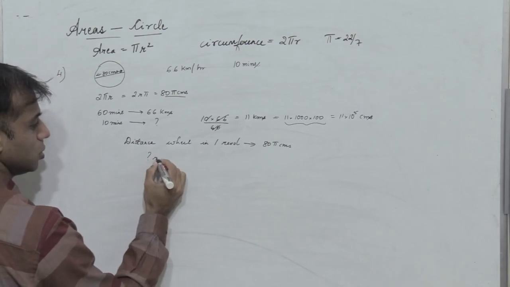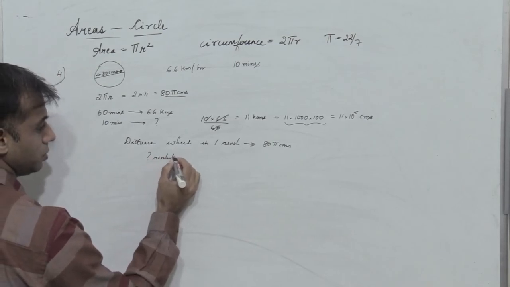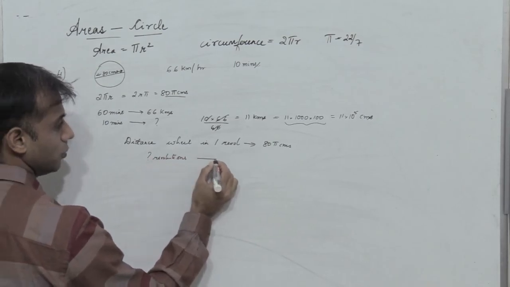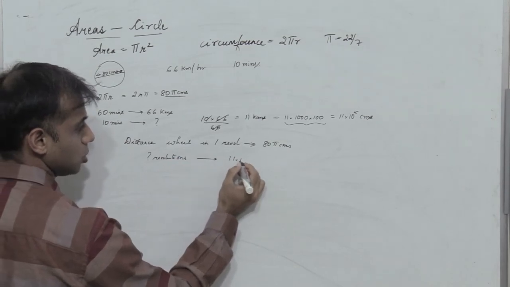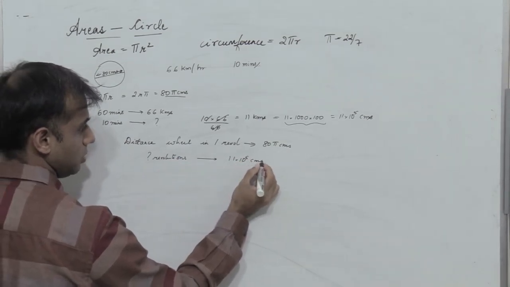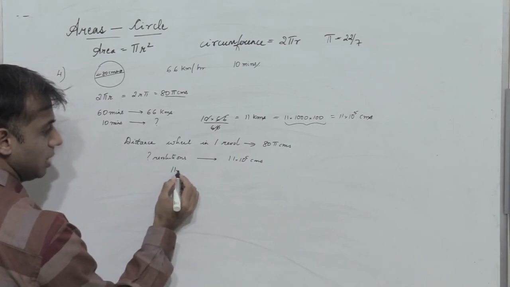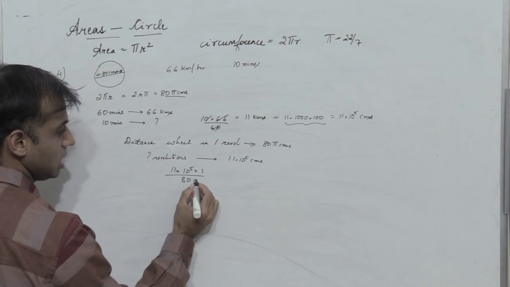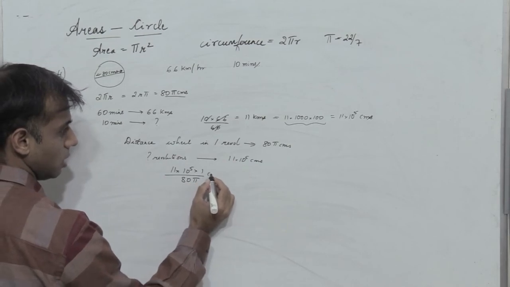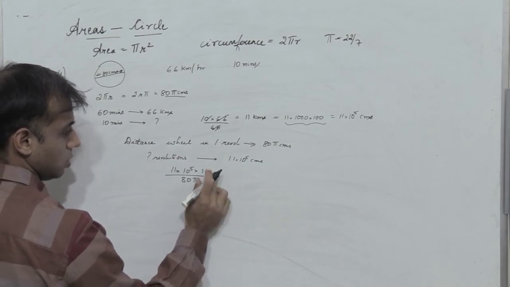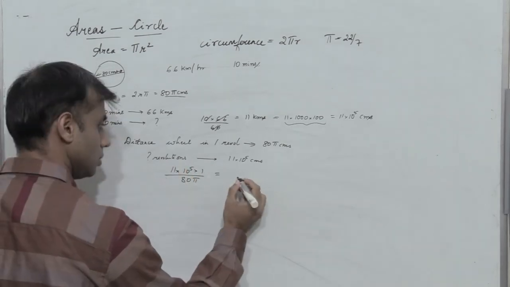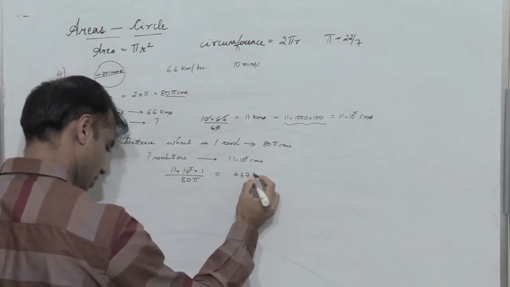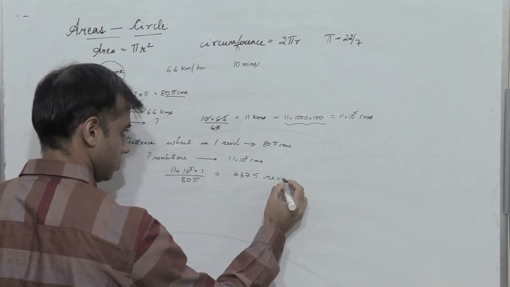So how many revolutions would it take for the wheel to travel 11 into 10 power 5 centimeters? So that would give me 11 into 10 power 5 into 1 divided by 80 pi, which gives us 4375 revolutions.